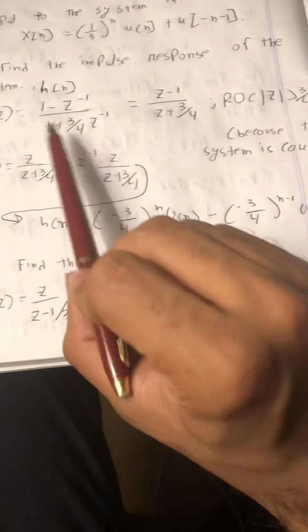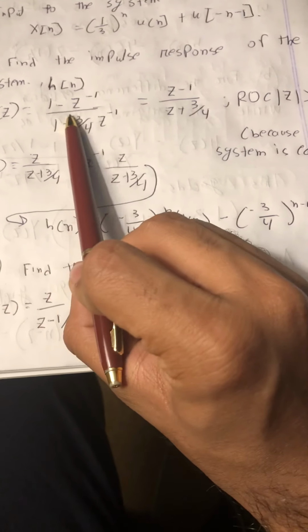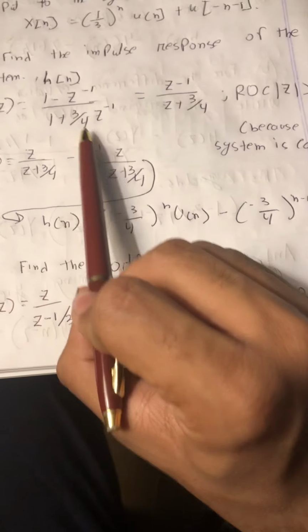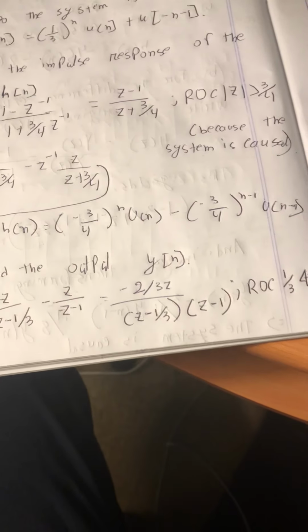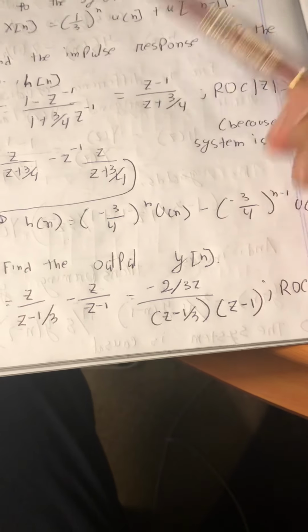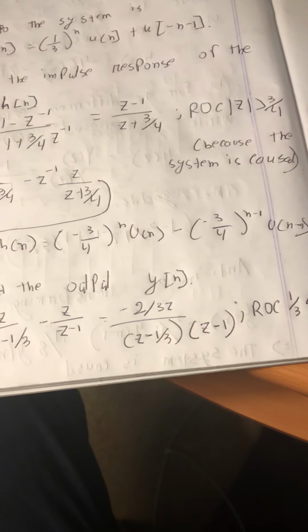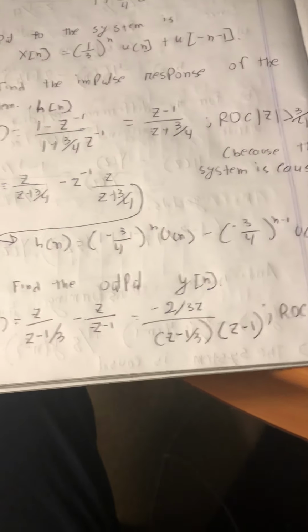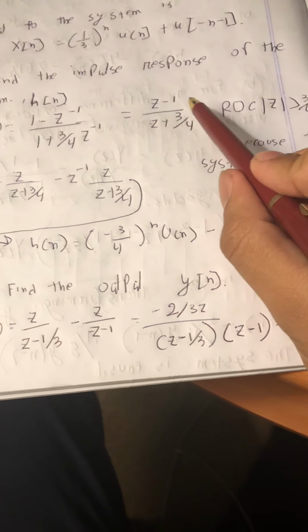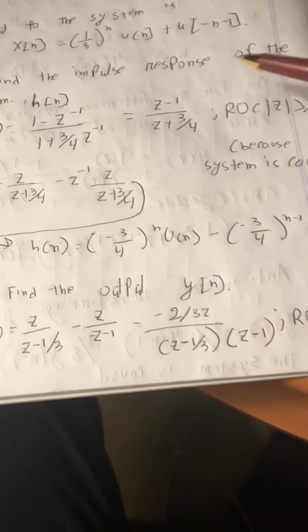So we can take H(z), that's given, which is 1 minus z inverse, divided by 1 plus 3/4 z inverse. Using the z transform, we can write that as (z minus 1) divided by (z plus 3/4).